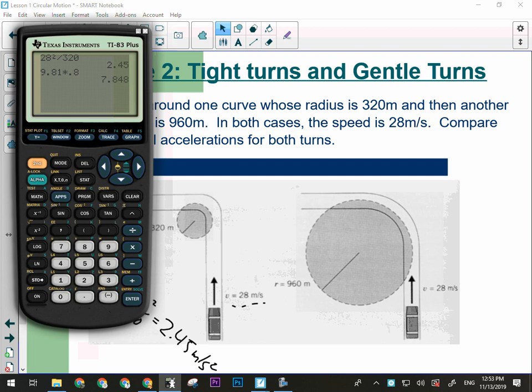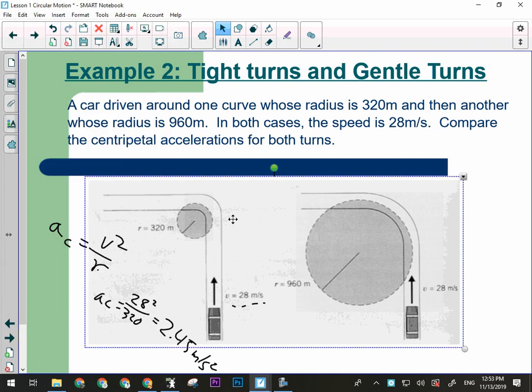No. Really high-end sports cars can actually accelerate around a corner at close to 9.81 meters per second squared, which means if you were thrown against the door, it would push on you with a force equal to your own weight. Okay? If you were in a really high-end sports car cornering at its maximum ability. Obviously, we don't want to do that all the time for a couple of reasons. It's unsafe and uncomfortable for your occupants, and we're relying on what force to keep us there? Friction. Is that constant? No, it's quite variable, and you don't want to depend on it.